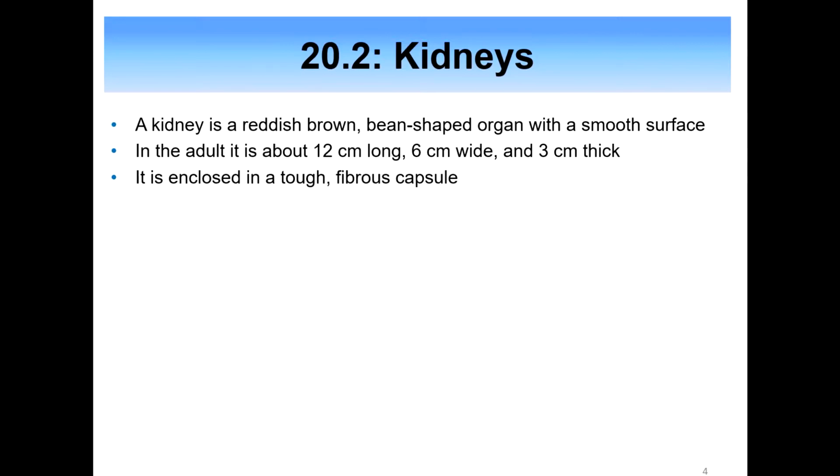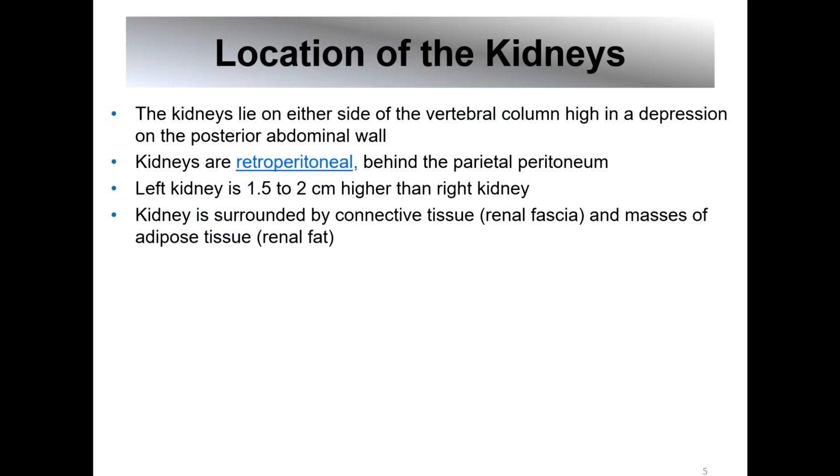So the kidneys, you could see they were reddish brown and bean shaped. They have a smooth surface on the exterior, and it's enclosed in a tough, fibrous capsule. Now they lie on either side of the vertebral column in a depression on the posterior abdominal wall. They lie in the back of the abdomen, and they are retroperitoneal.